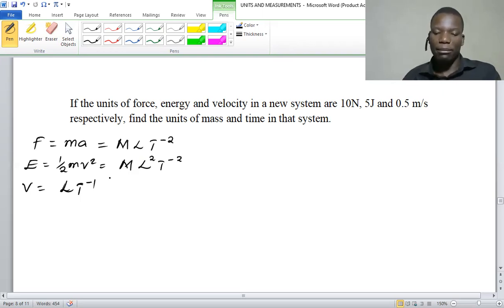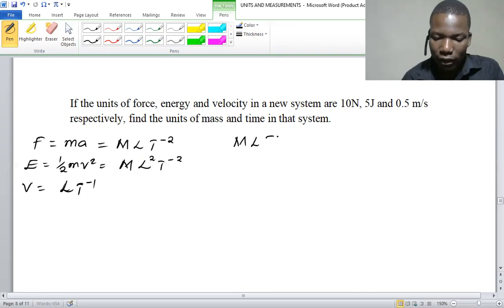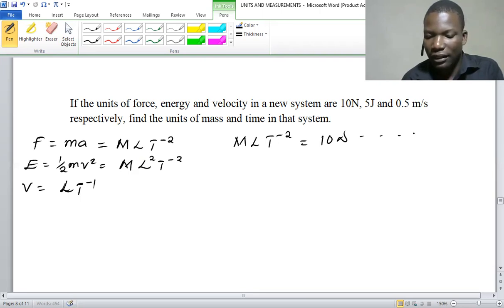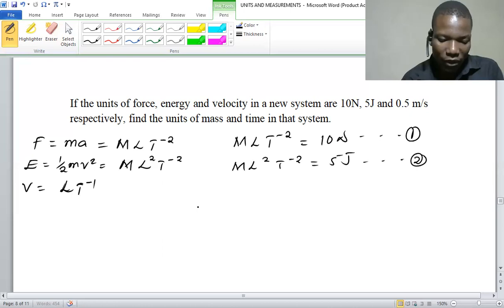Okay, so now we have written the dimensions. So we equate these dimensions to the units that we have been given. So we have force, which is M L T^-2, equals 10 Newton. Let this be equation 1. And then we have energy, which is 5 joules. Let this be equation 2. And then we also have velocity, and it's 0.5 meter per second.